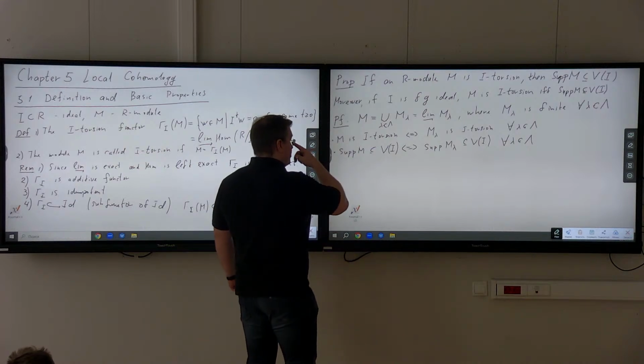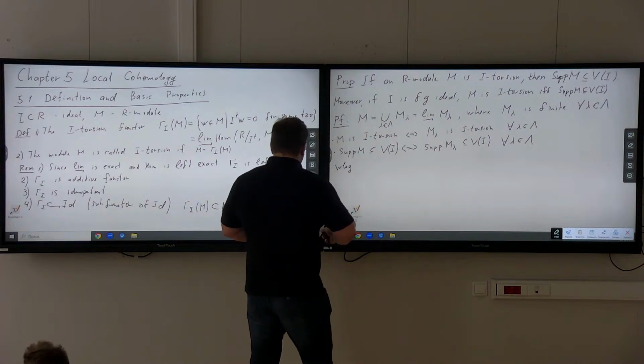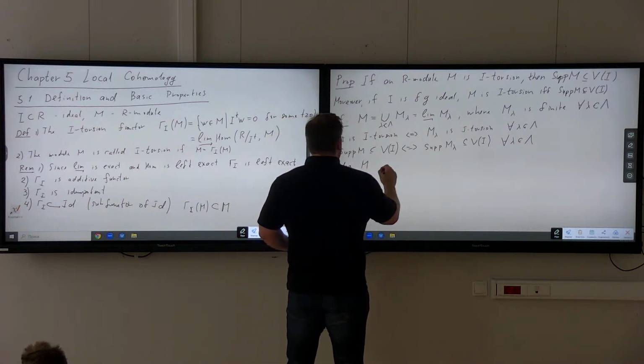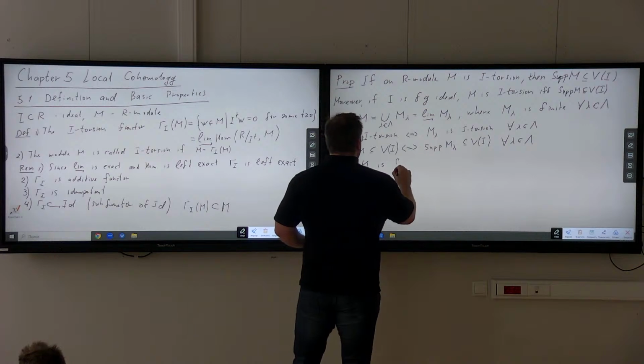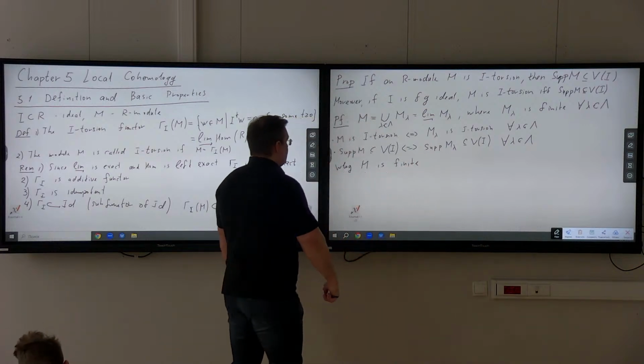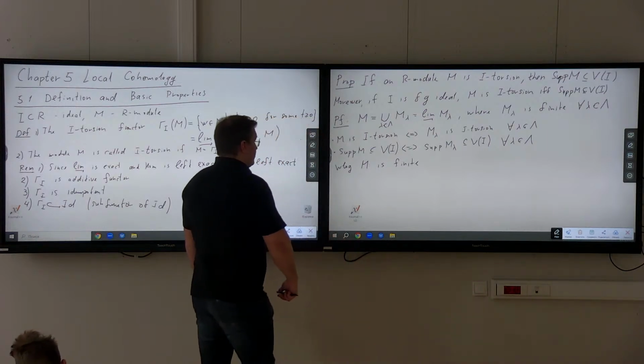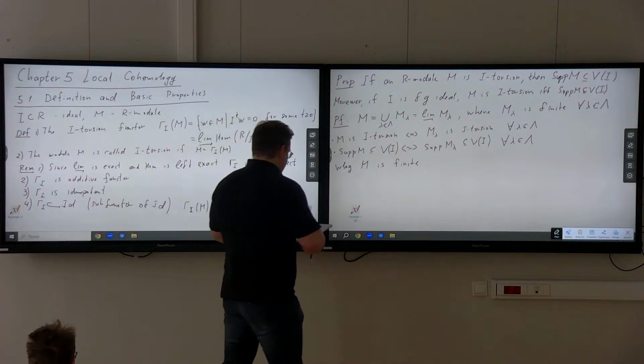So, by looking at these two observations, we can say that without loss of generality, we can assume that M is finite. So if I want to show that if this is I torsion then the support is contained in the vanishing set of I, it would be enough for me to do this for finite modules.